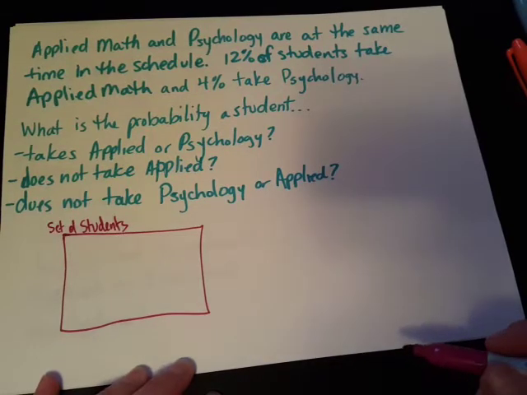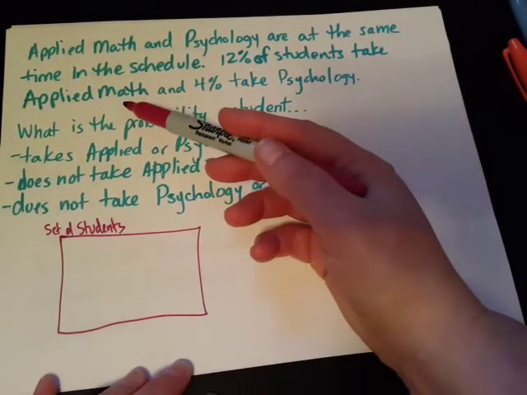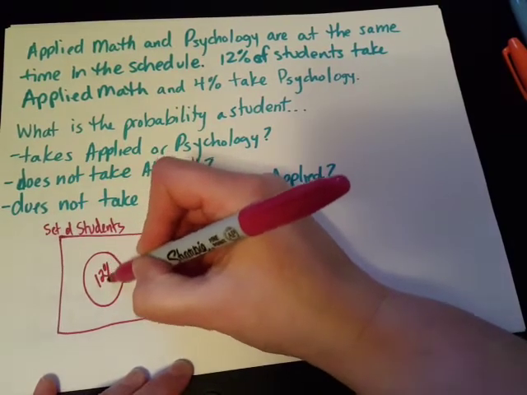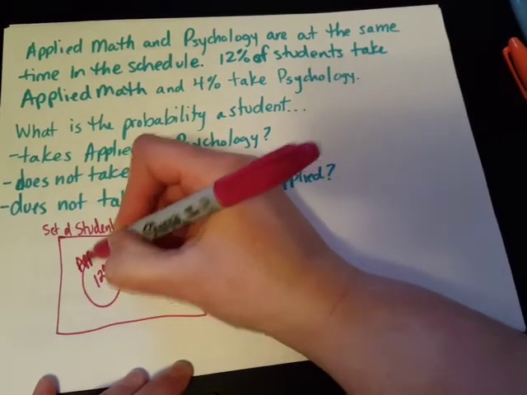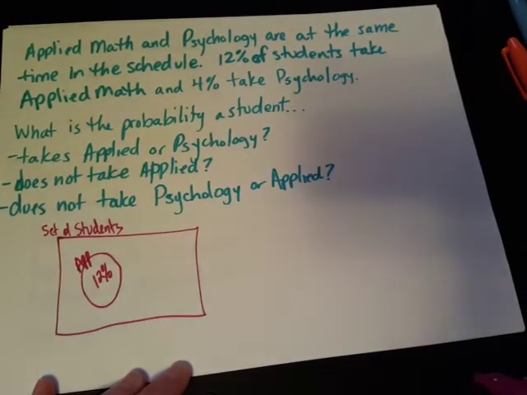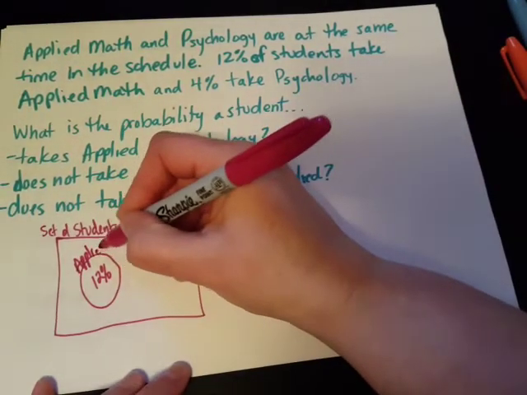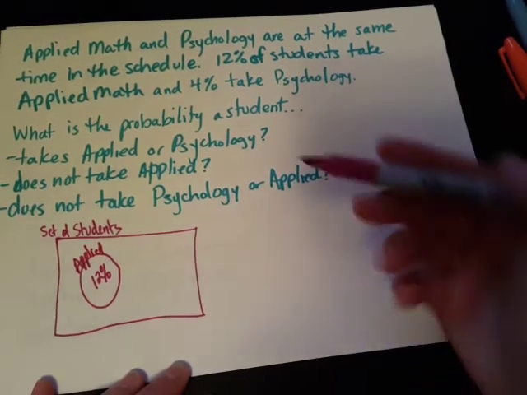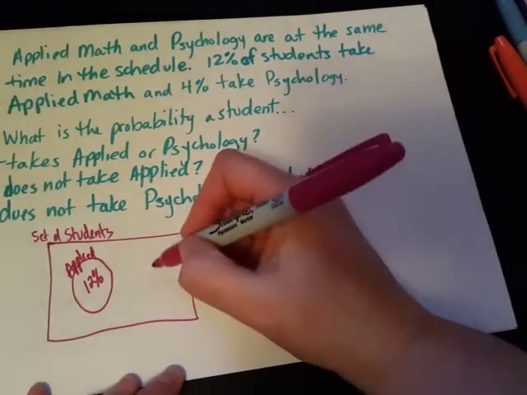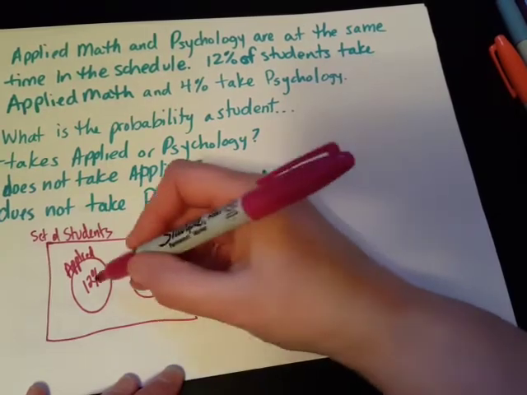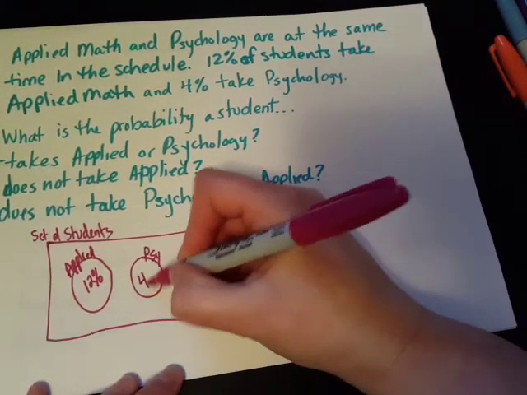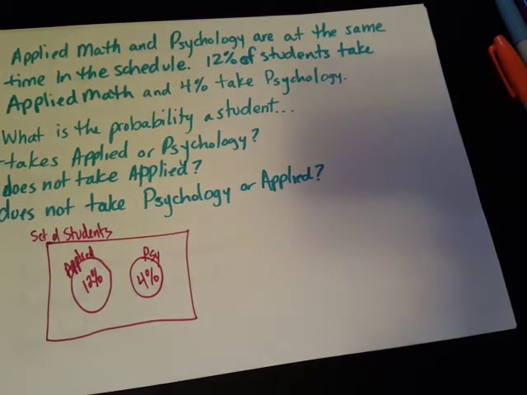And if we make one group of applied math students, I'm going to put like 12% of the student body inside that set. So this is just a visual. This is sort of what's going on in my mind. And 4% are taking psychology, but there's no possible way that there's an overlap between these two groups because they occur at the same time.